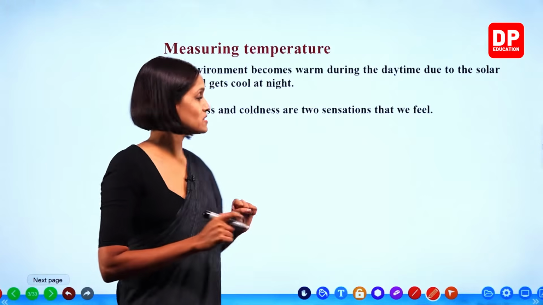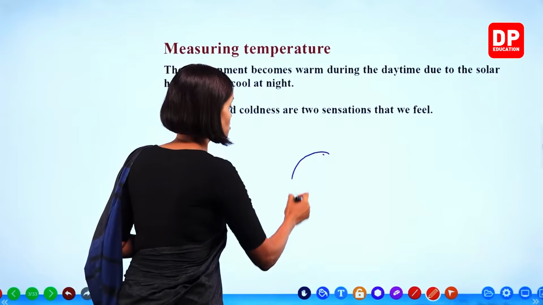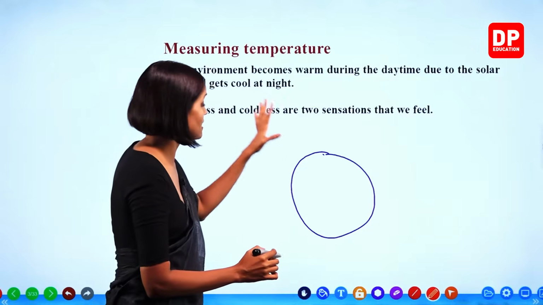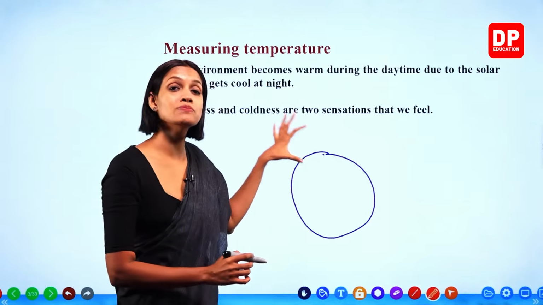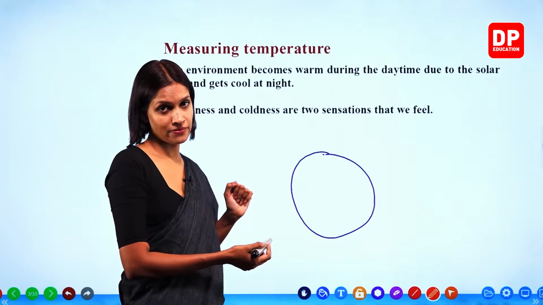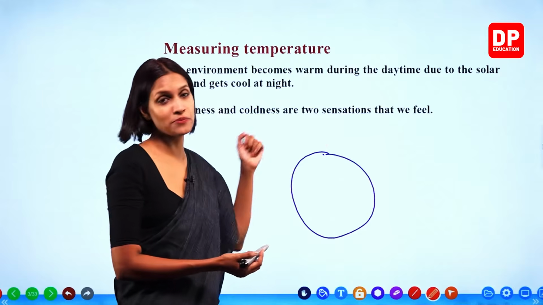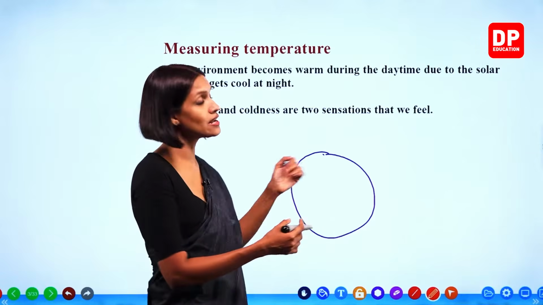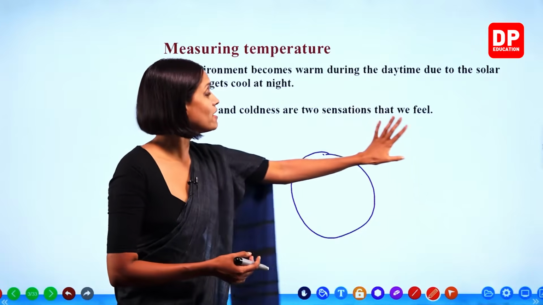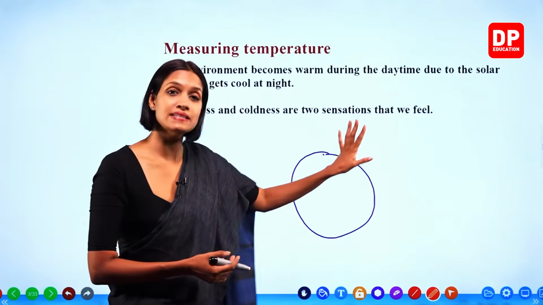Right, children? So let's say there's a rock. During the daytime, because sunlight is present, this rock absorbs the heat from the sun and gets heated up, right? Its temperature increases. During the night time, what happens, children? There's no sunlight, therefore the environmental temperature is less.